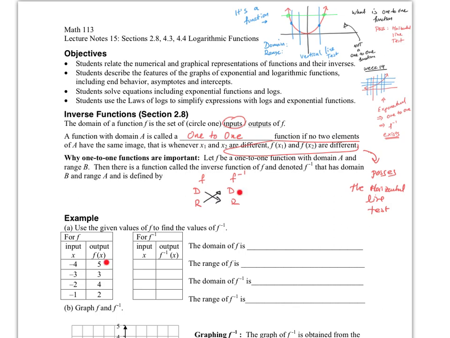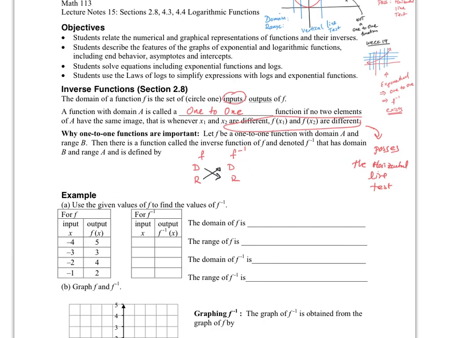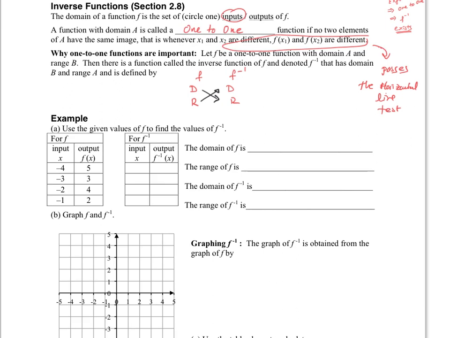One-to-one literally means that for every x there is only one y. For example, here you're given this function using values. To find the inverse, you just swap the x values with the y values. So it will be 5, 3, 4, 2, and -4, -3, -2, and -1.